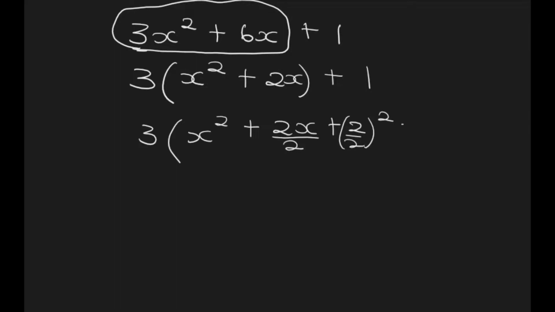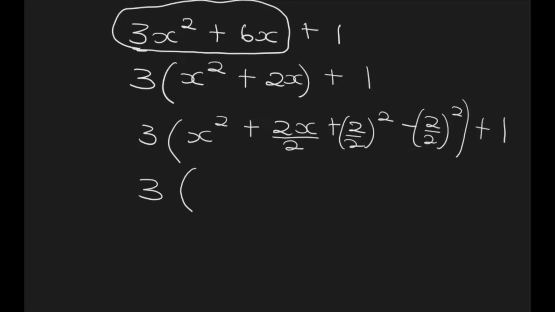And minus again, alright? 2 over 2 bracket squared. Then we put a bracket because this is one term. Then we say plus 1. Moving on to the next step, still gonna write the 3 and say into.